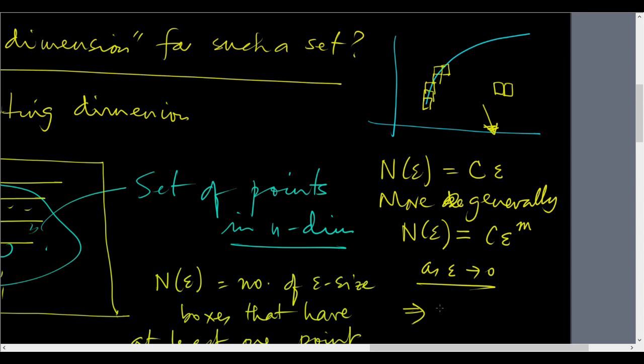then we say box counting dimension equals m, and it's easy to compute, right?